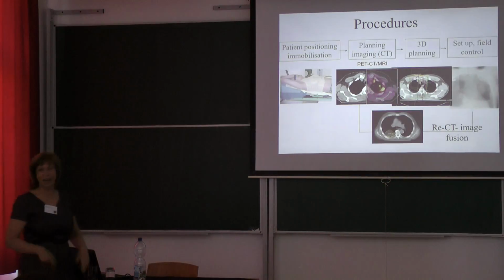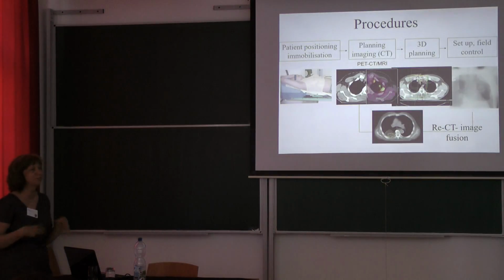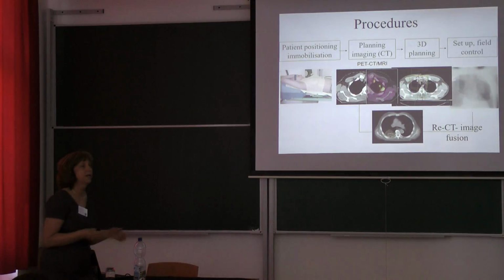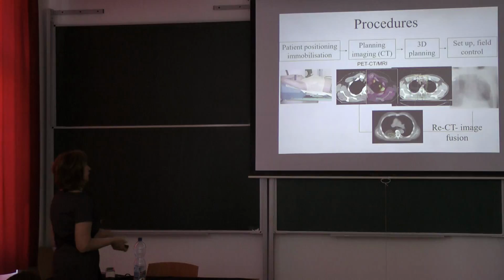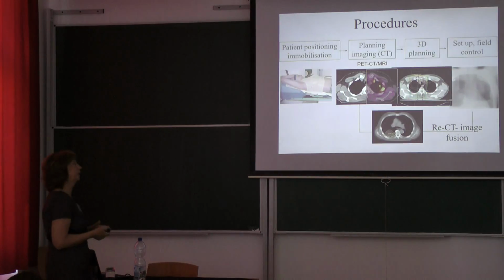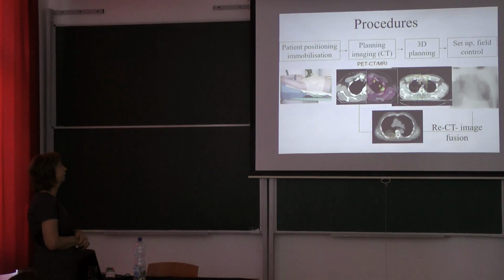So we can do a lot of very easy and simple things using the patient's ability, and it is very important to use communication with the patient and to let the patient understand what is the aim of this whole thing. And we can use several devices to get better position for the radiation.